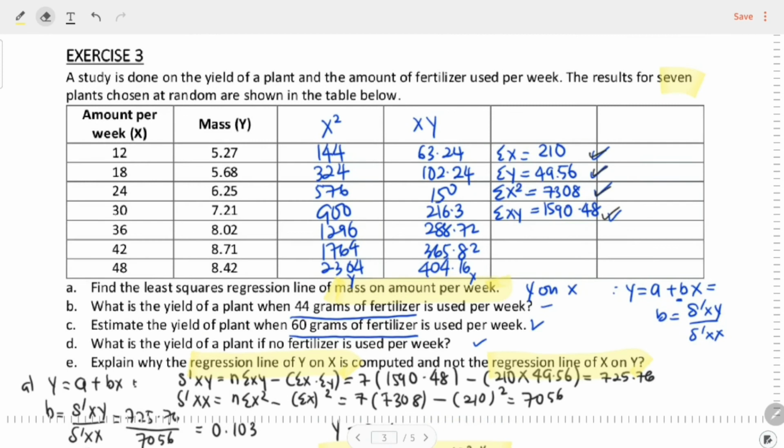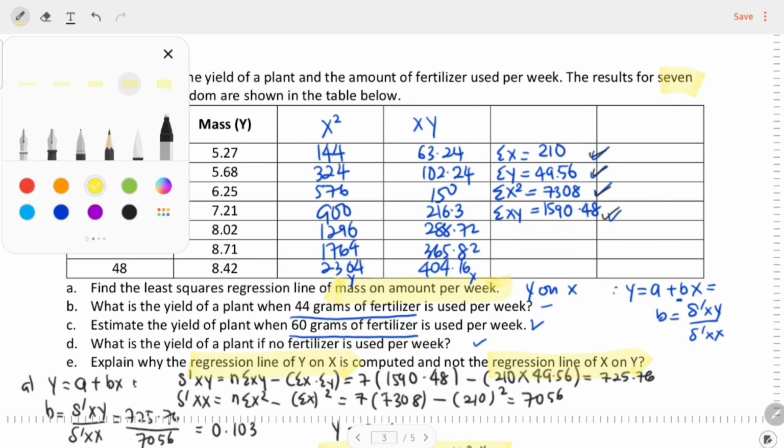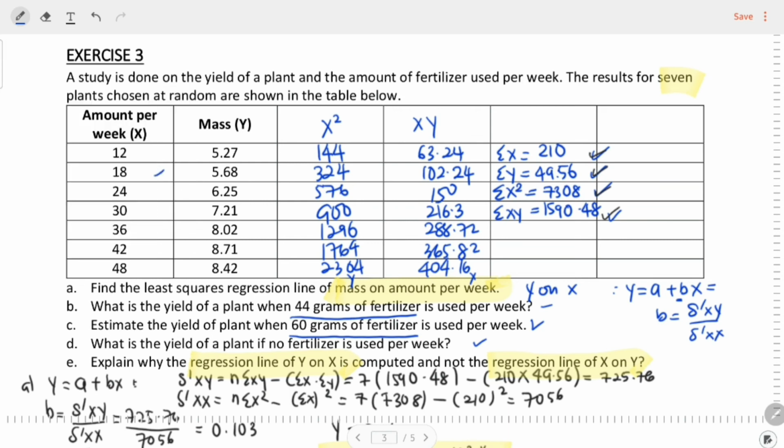So what will happen to the mass of product? Then we try what will happen if we use 18 amount of fertilizers per week, and what you will see to the amount of mass produced. Next we fix it to 24. So that means your x is the fixed variable, or control variable.